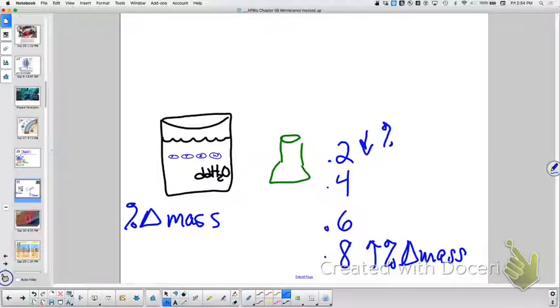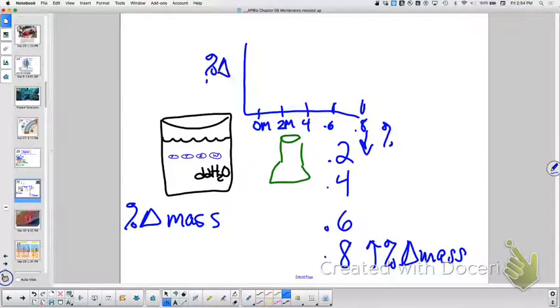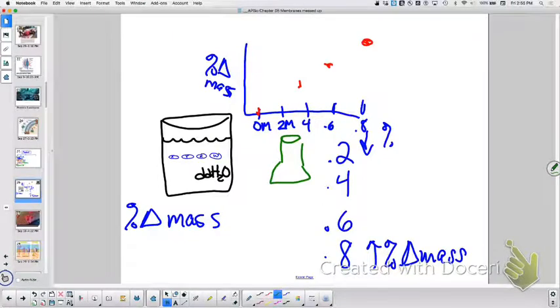Because if I took that data and graphed it, with 0 molar, 0.2, 0.4, 0.6, 0.8 molar, and this were percent change in mass, I would expect the 0.8 to change the most, and I would make a best fit line with a ruler.